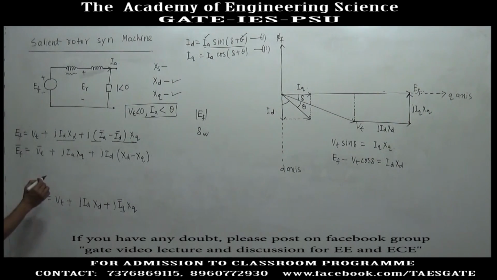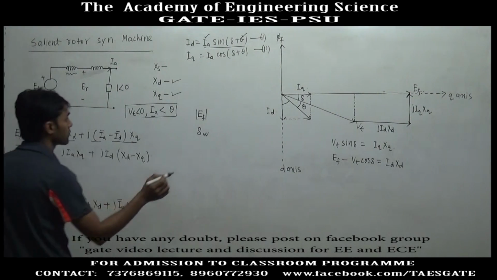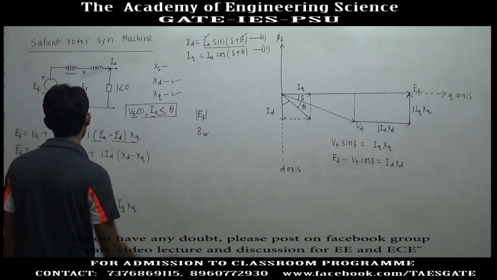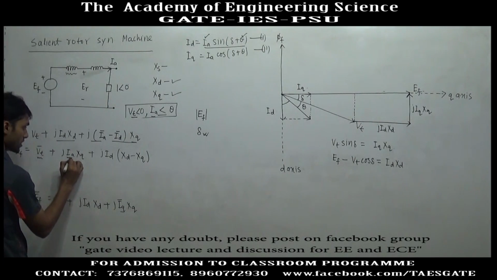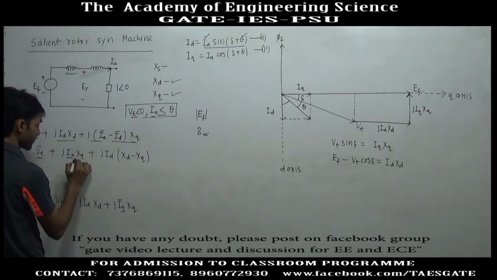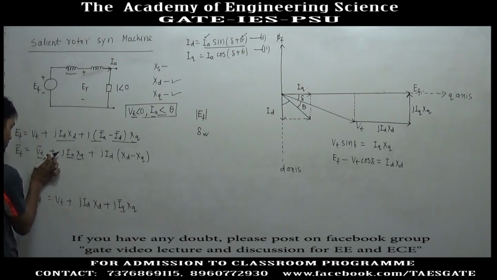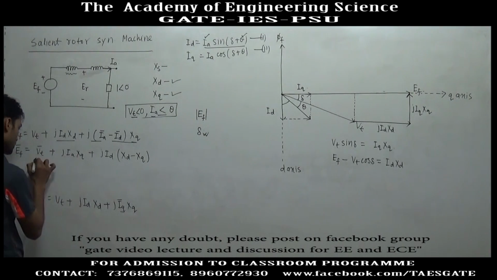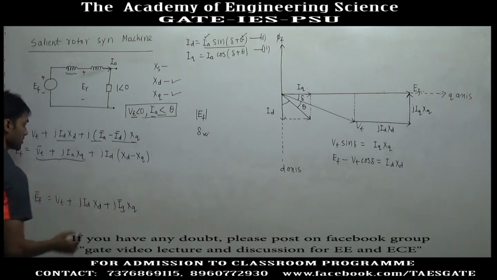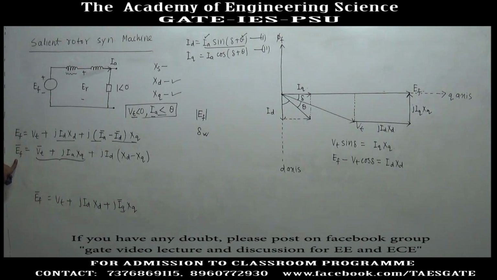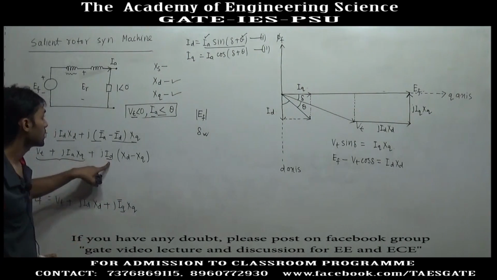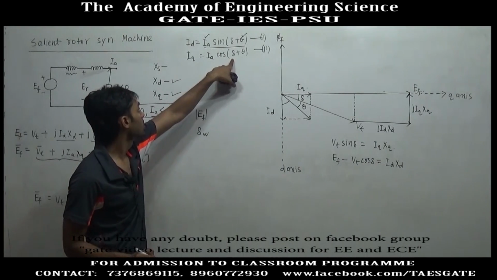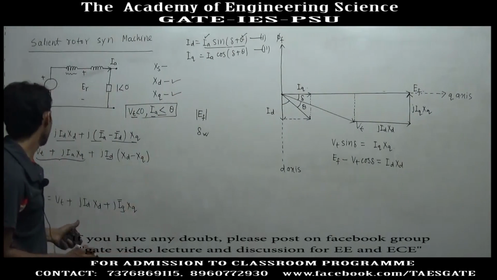Now in this relation we are given Vt, Ia with angle theta, and Xq also. So this vector can be calculated very easily, but in the complete calculation of EF, Id is involved and Id is unknown, and this is a function of delta, so delta is also unknown.